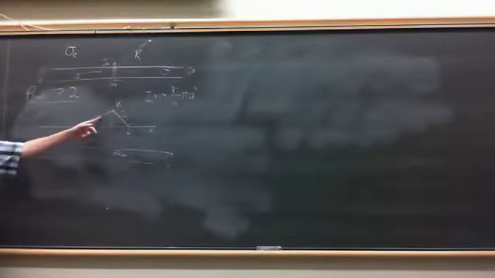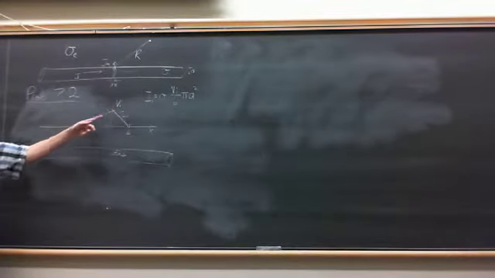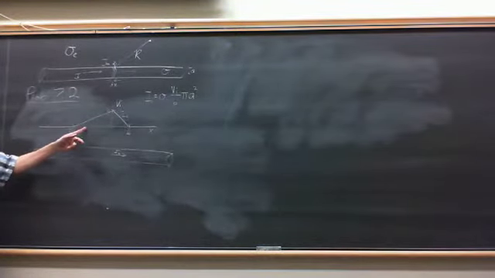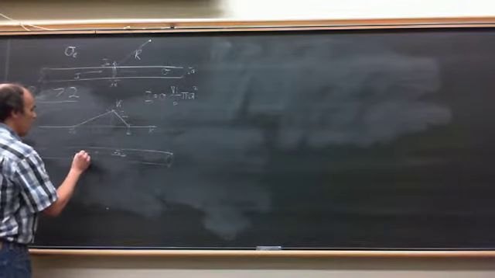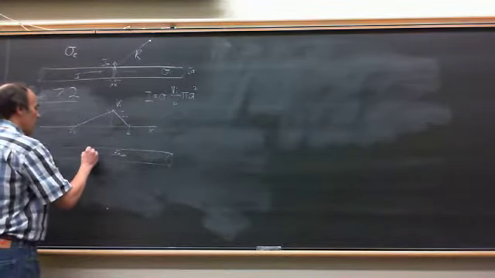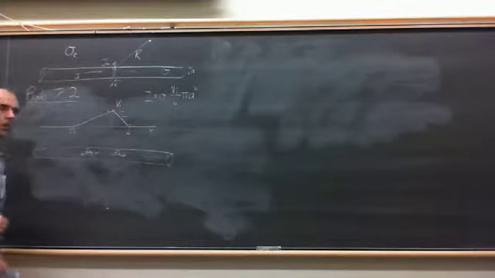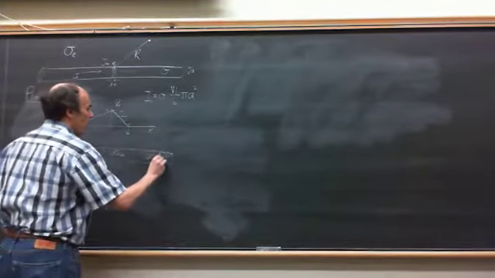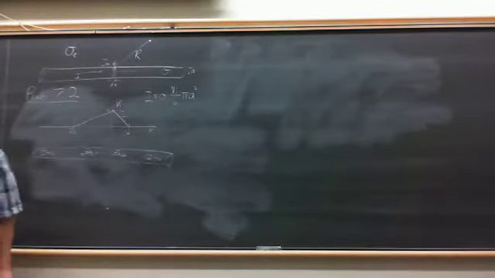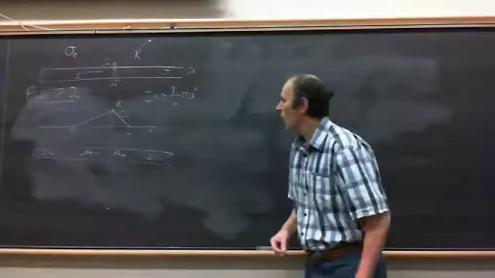Here, the slope is twice as small. So the current's going to be only half the size. It's spread out over twice the distance. But the current itself is I0 over 2. Out here, current's 0. And out here, the current's 0. Because there's no slope. There's no voltage gradient. So we know what the current distribution is.